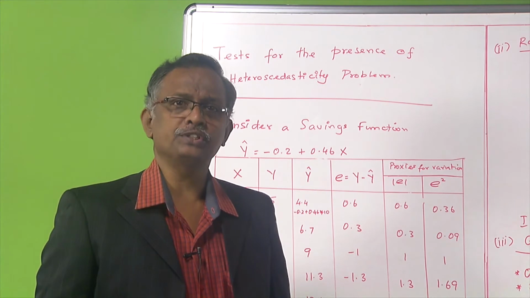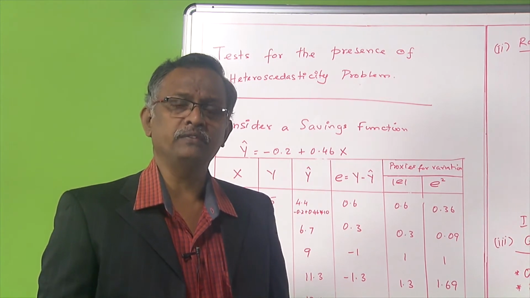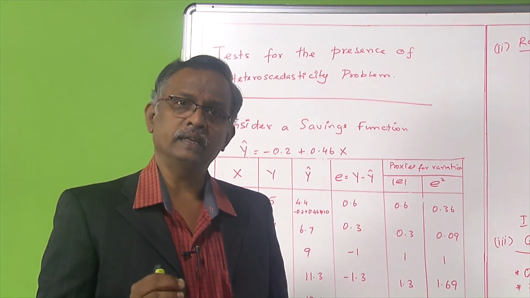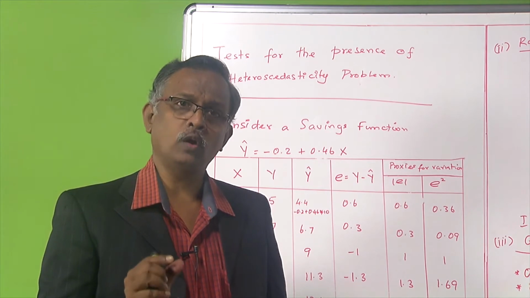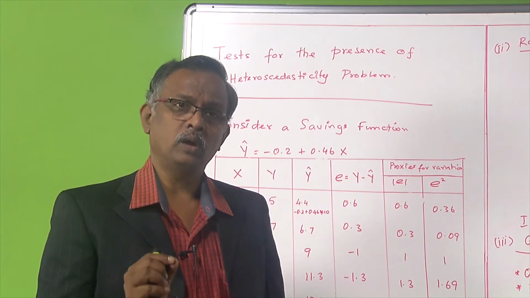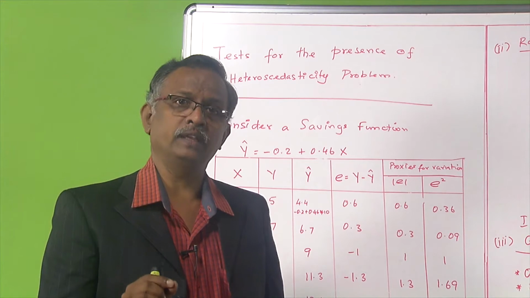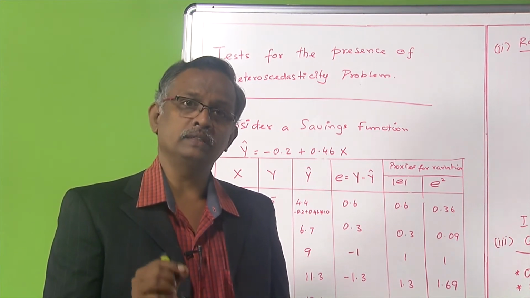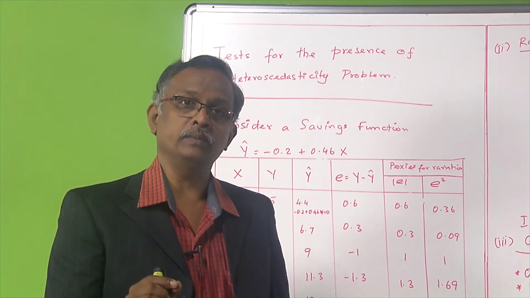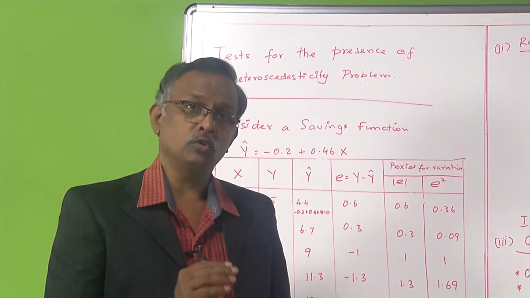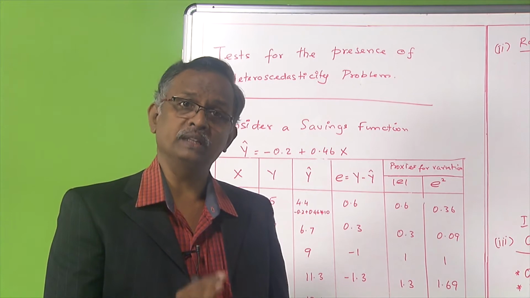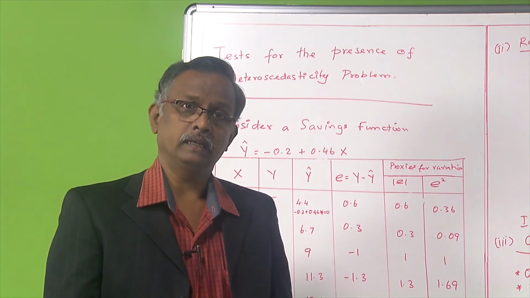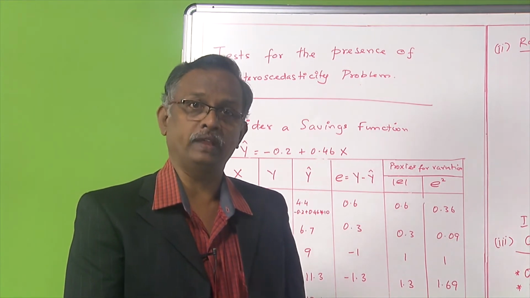The variations of the error terms are identified with the absolute value of the error term or the square of the error term. First, we will see how these proxies are estimated, because most of the tests are based on these proxies. Now, let us see one example of that.